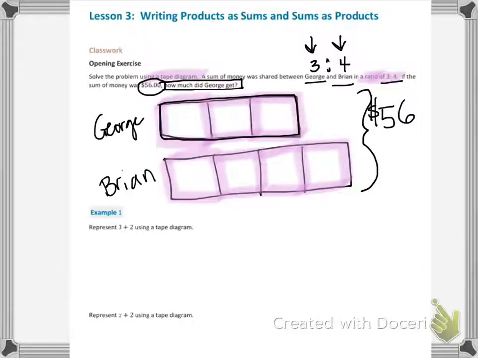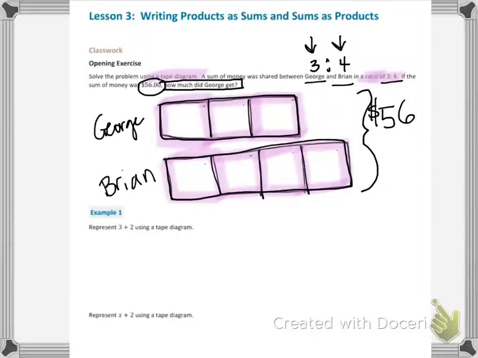With that in mind, and also keeping in mind that each and every one of these blocks is worth the same, we can recognize that we have 1, 2, 3, 4, 5, 6, 7 of those blocks. 7 of those blocks.